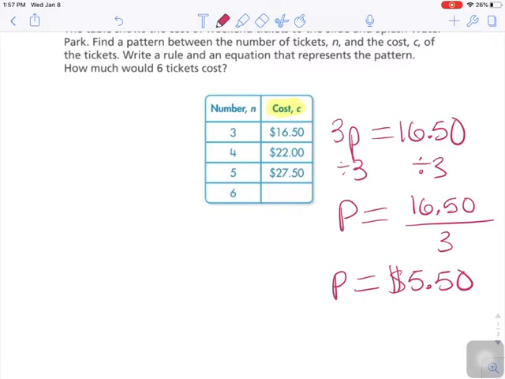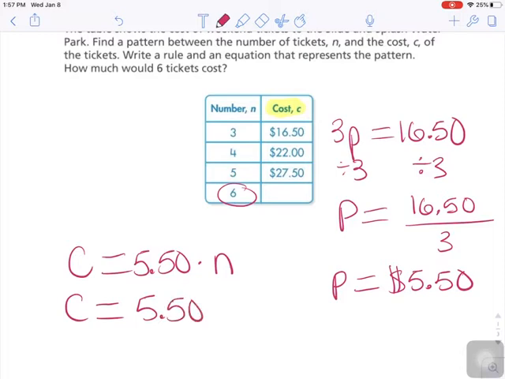So now that we know what 1 ticket costs, we can figure out what our total cost for 6 tickets is going to be. So we can say our total cost C is going to equal $5.50 times N. And since we know that our number of tickets is going to be 6, I can go ahead and substitute that in for N. I can say 5.50 times 6.